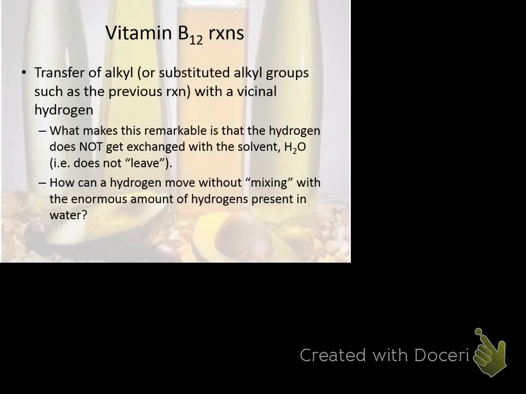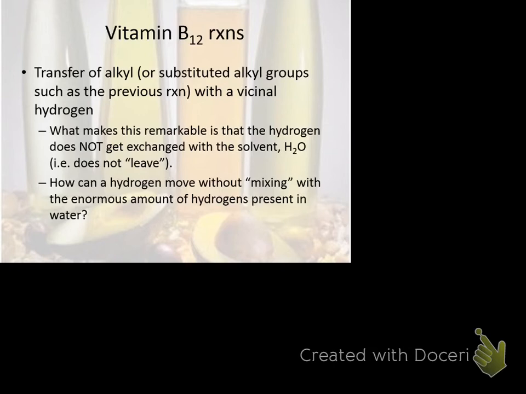So how can the hydrogen move without mixing with all the different hydrogens present in water? That was one of the issues with alcohols with NMR, and with amines, where the hydrogen is constantly popping on and off with all the water molecules. You can't really tell. It's called solvent exchange. It does not happen in this reaction.